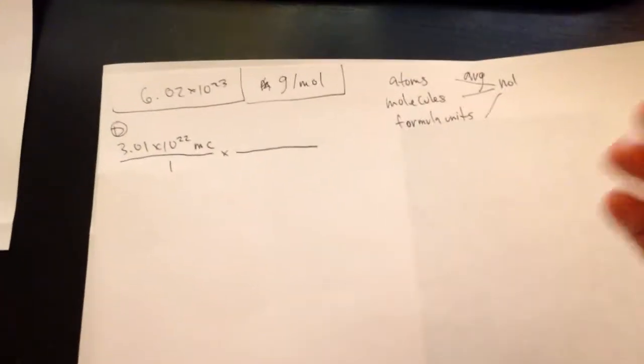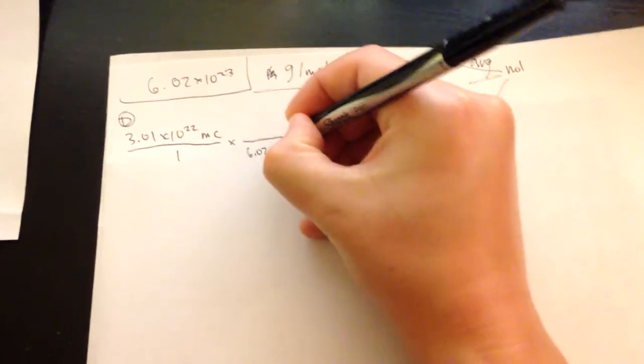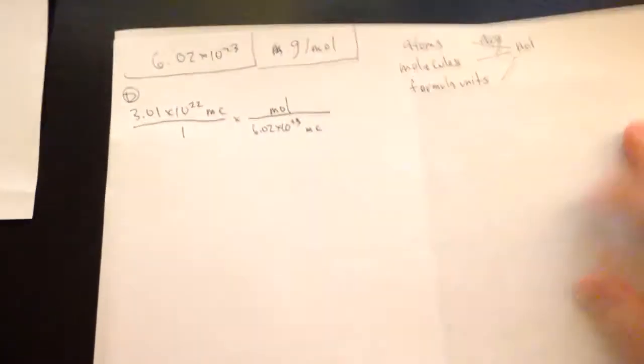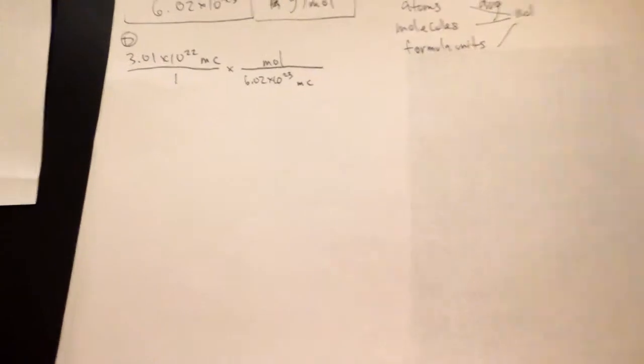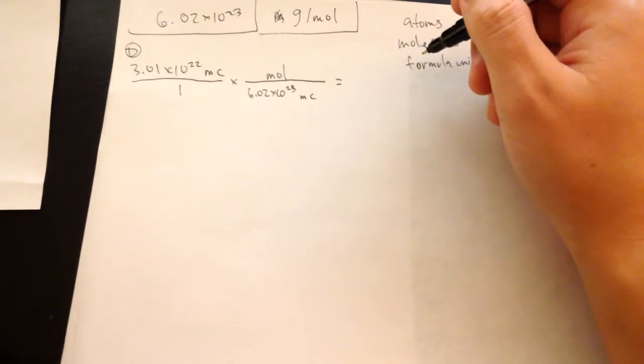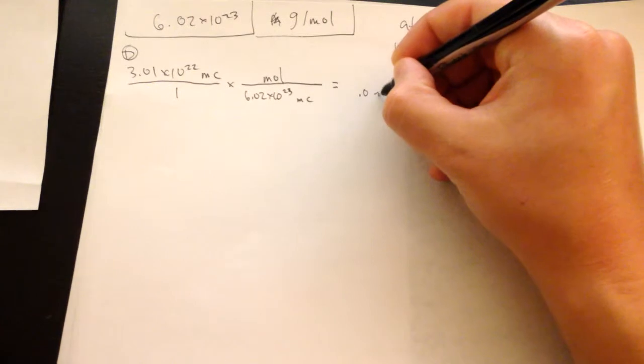The way you use it, it's 6.02 times 10 to the 23 molecules in 1 mole. And so you punch that in the calculator. It's 0.0 something.